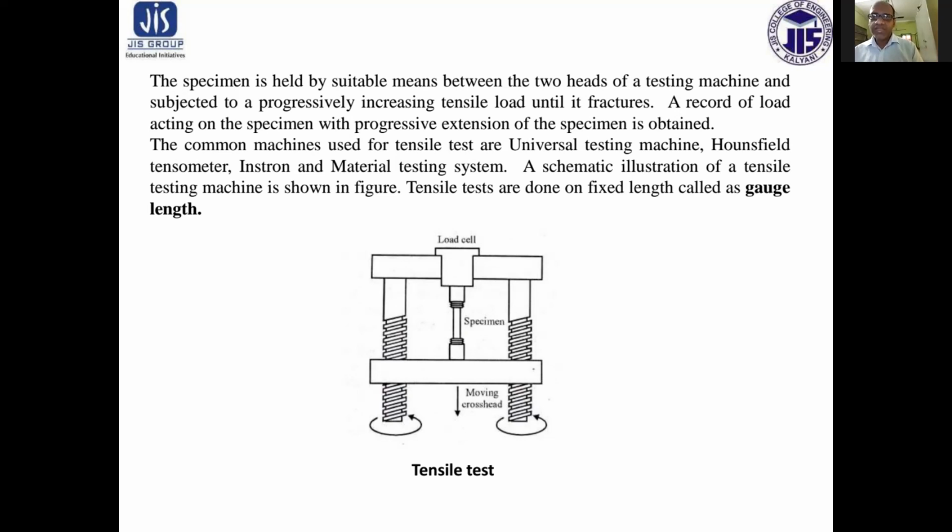Now the schematic diagram of this tensile testing machine is shown, where the specimen is held in the jaws and the lower part of the crosshead is given some movement.